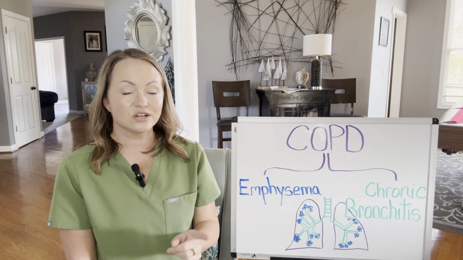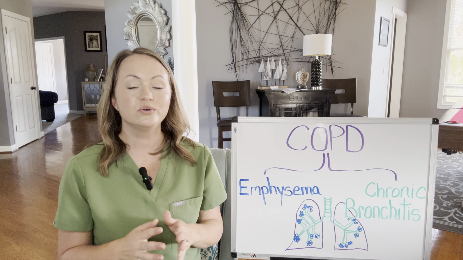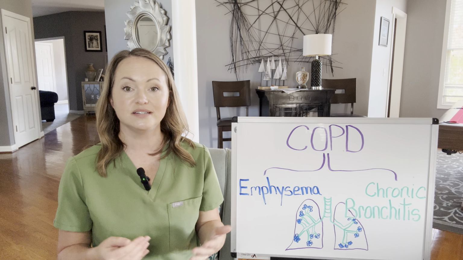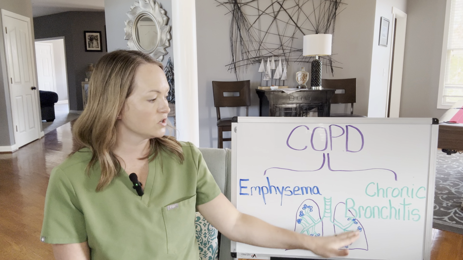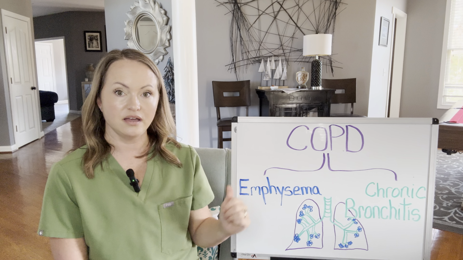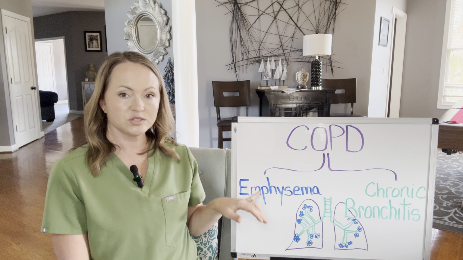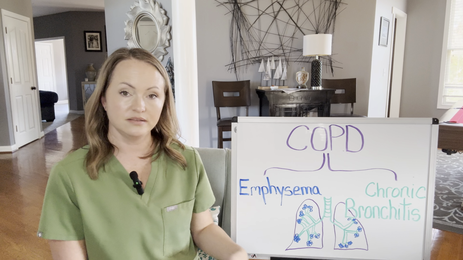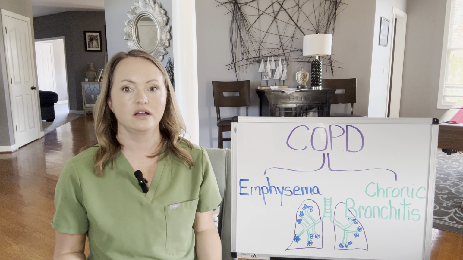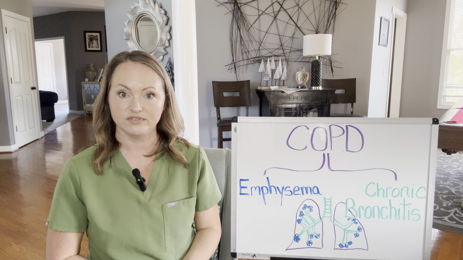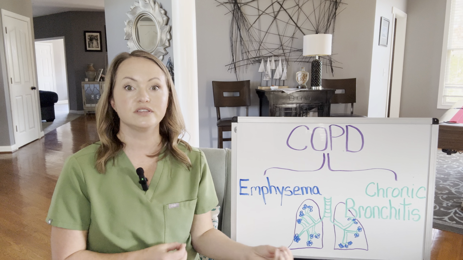This is also the reason why people who have COPD experience different symptoms, because some people may have worsening bronchitis than the others, while somebody else may have worsening emphysema. So that's why you get a plethora of signs and symptoms when you have COPD, because you've got two different things going on there.